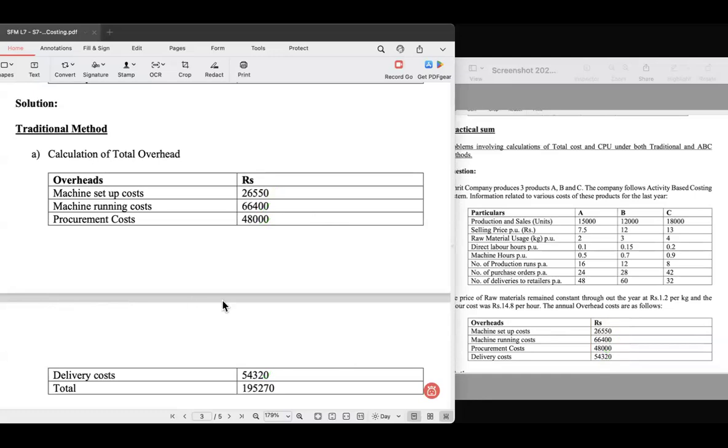Everyone, please take your calculators and check whether the answer provided in the document is correct. There's a lot of errors in this document, so please check whether it is correct. So I'll do the same. 48,000, 54,320. Okay, for me it's correct.